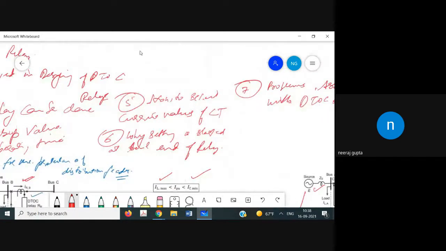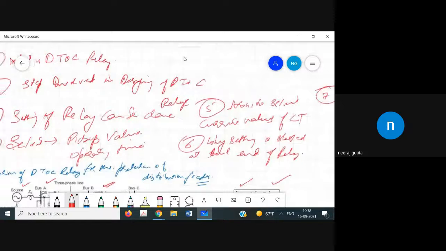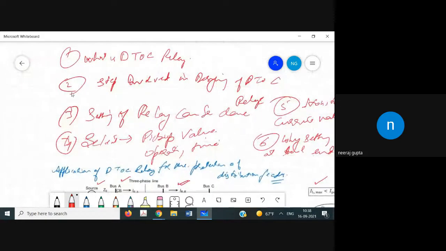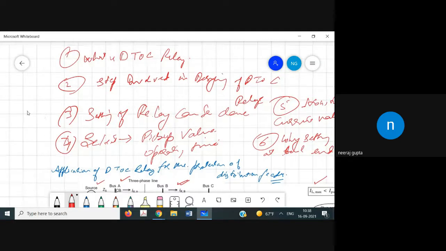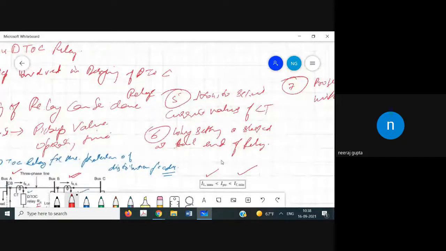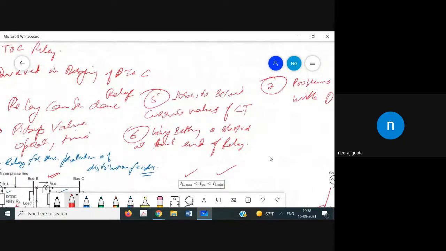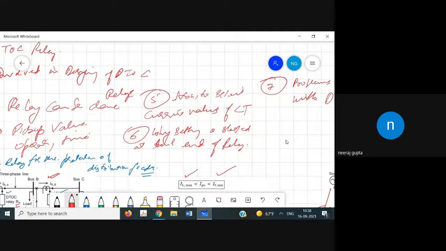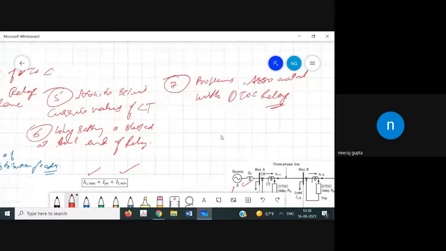So first is what is a DTOC relay, the steps involved in designing this DTOC relay, how the setting of the relay can be done, then how we select the pickup value and operating time of the relay. Then how to select the current values of CT, why setting is started at the tail end of the relay, and the problems associated with the DTOC.